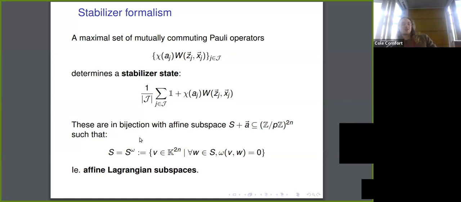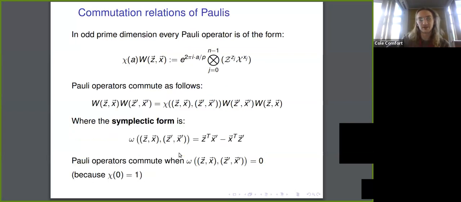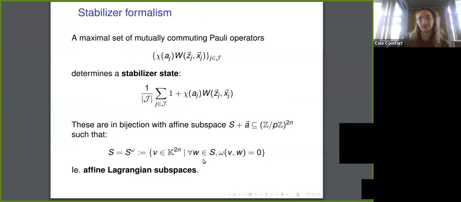If you work over any field, you can define this as the affine subspace S of k to the 2n such that S equals S omega, where S omega is the set of things that commute with each other in the sense that I described in the previous slide, where this omega value is 0. Asking that S is equal to its own dual in this sense is asking that it's maximal, which is a requirement for the projector to be a pure state, which is a stabilizer state.